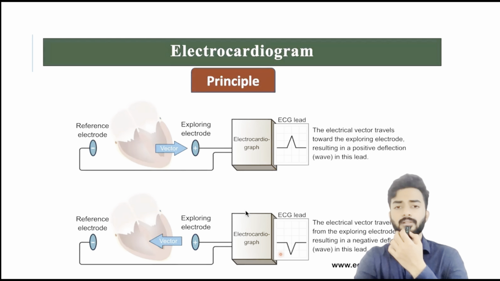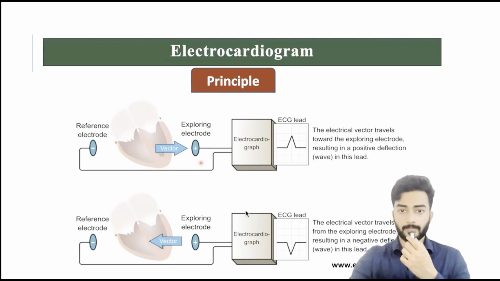So this is the principle, just to be aware: usually the reference electrode, negative, is placed here and positive is placed here, and the ECG is connected here. If the current is passing toward the positive, then there will be a positive deflection. I mean, if it is going away from the positive, then it will show a negative deflection.